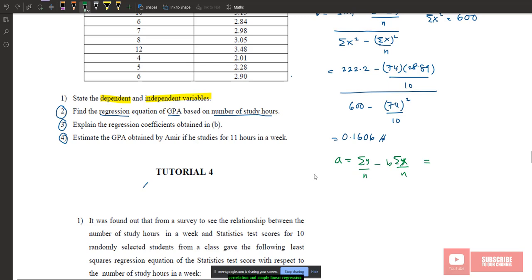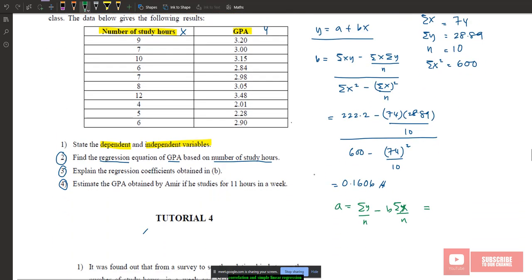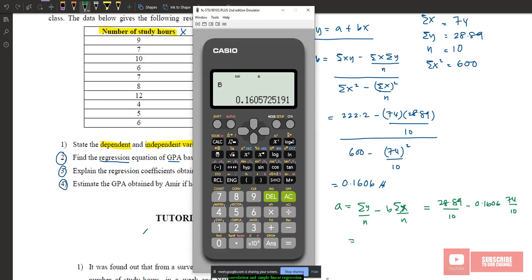So this one, summation of y is 28.89 divided by 10. This is actually the mean of y, and this is 0.1606, and then this is summation of x, 74 divided by 10, right? So go to the calculator again, click on shift 1, 5 and find A, number 1.